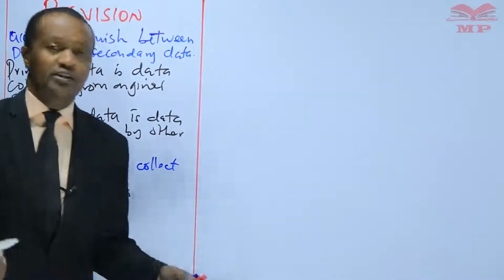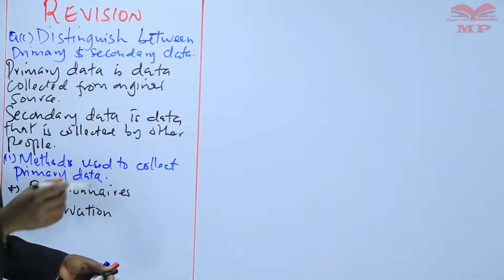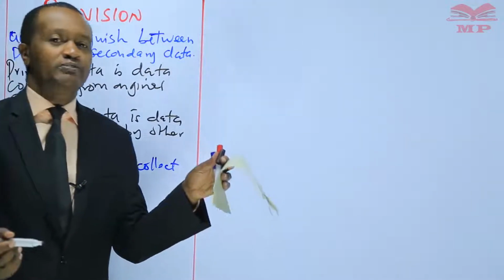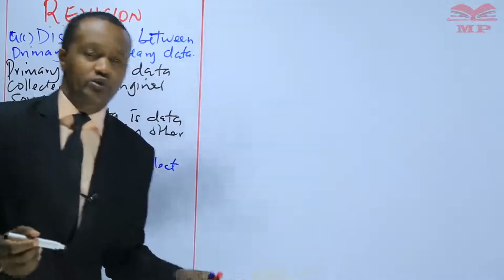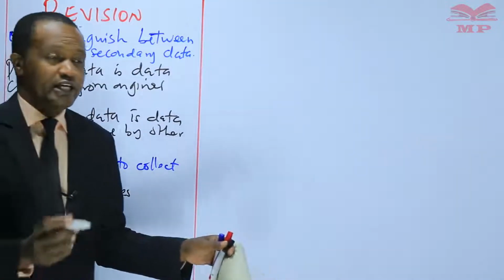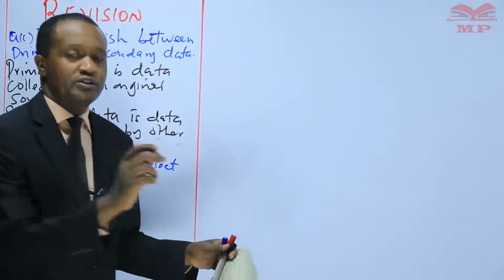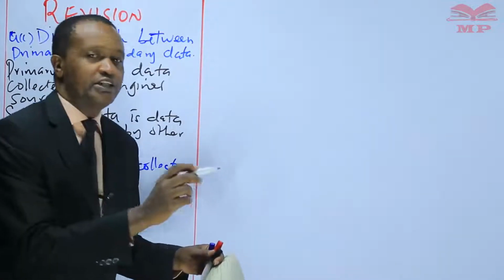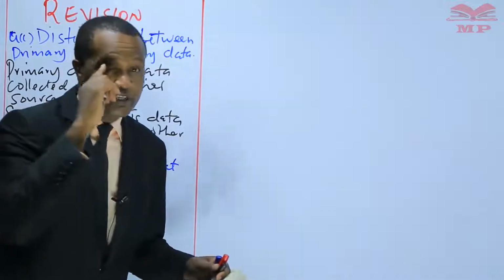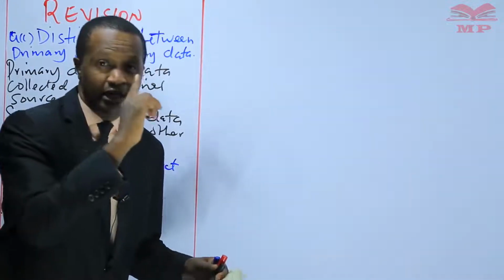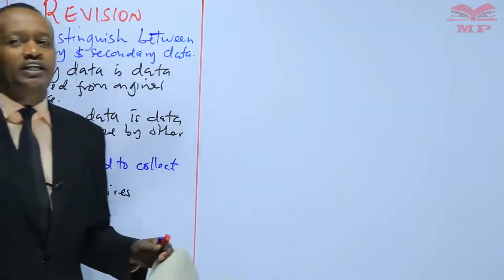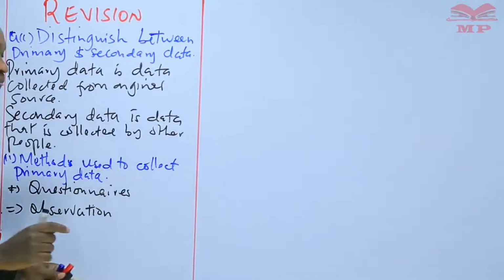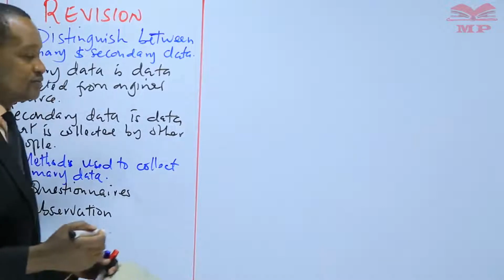The investigator does not need to ask questions when he's using this method known as observation. He will go sit along the road and count the vehicles. You use your eyes, and it's carried out without asking questions from the respondents.